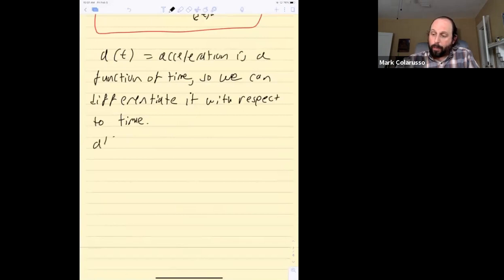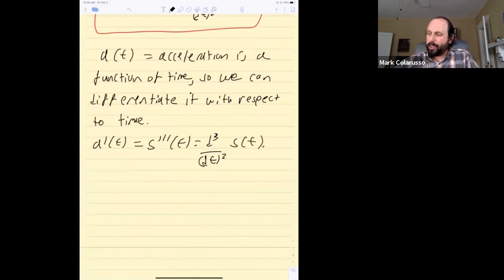So you'd have A prime of t, and this would be the third derivative of position, because to get to this A prime of t you've taken the position function and differentiated three times in succession. That's written like this, which is kind of awkward: d cubed dt cubed S of t. And physically, this is also important. This is called the jerk.